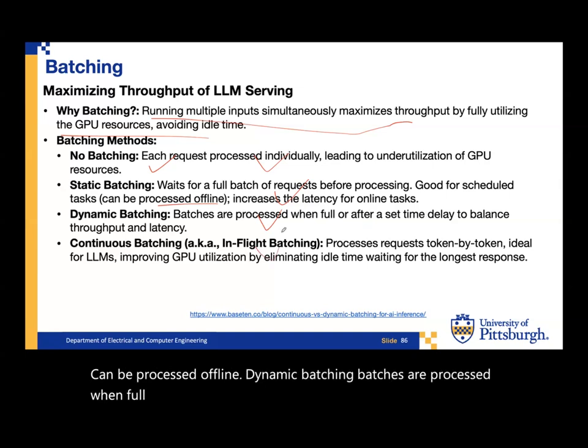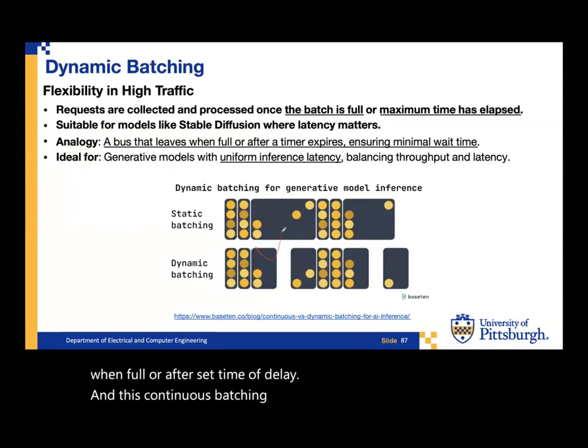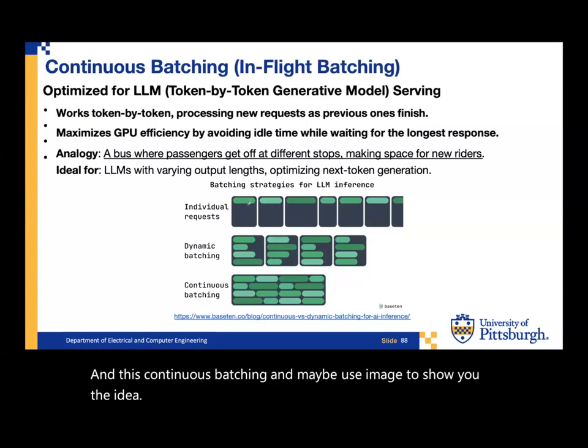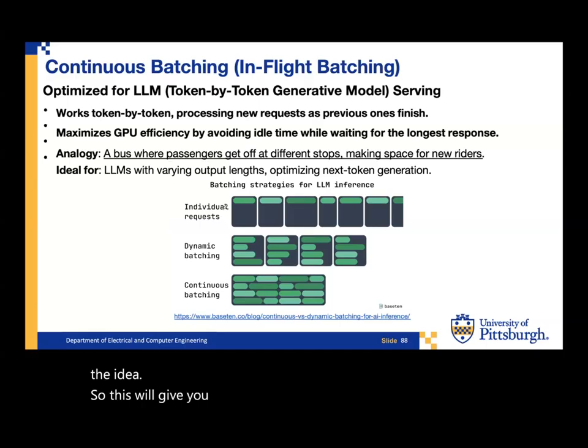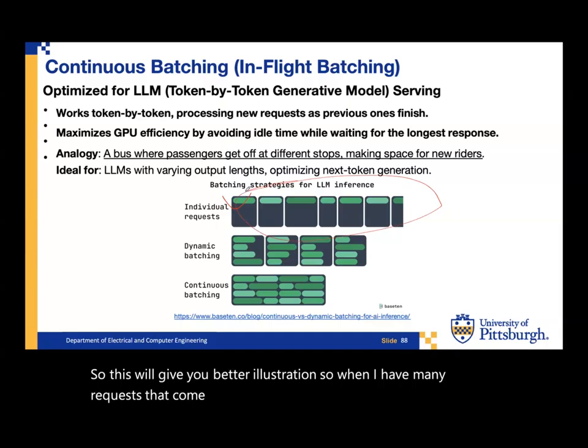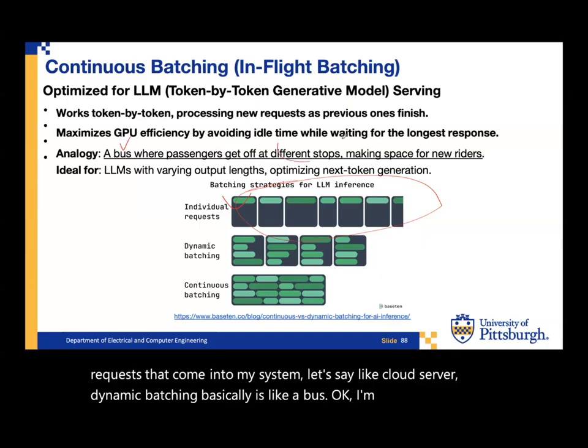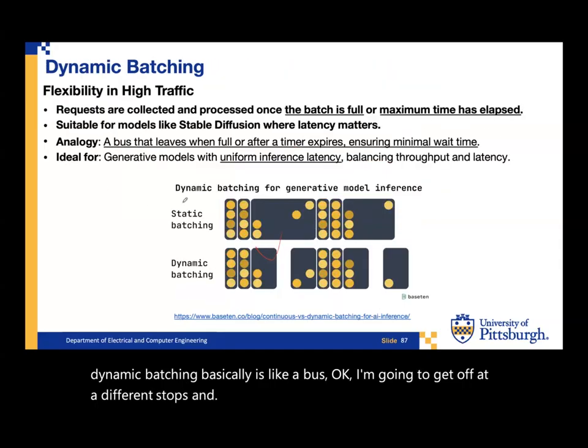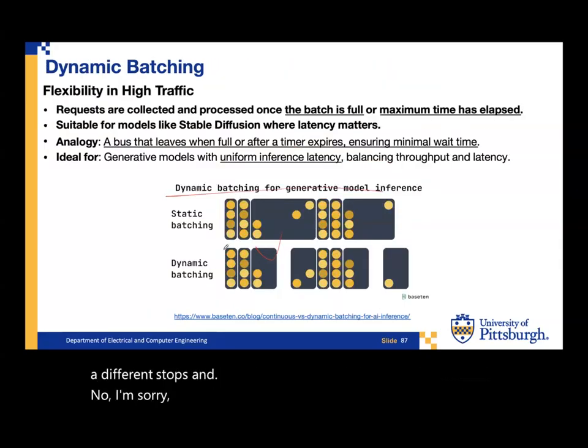And then continuous batching. Let me use an image to show you the idea. This one gives you a better illustration. When I have many requests coming into my system, let's say a cloud server, dynamic batching is basically like a bus that leaves when full or after a time expires.